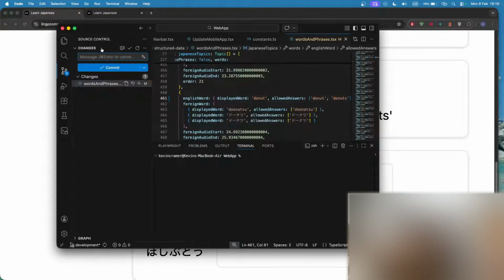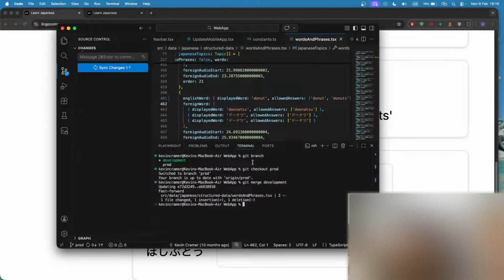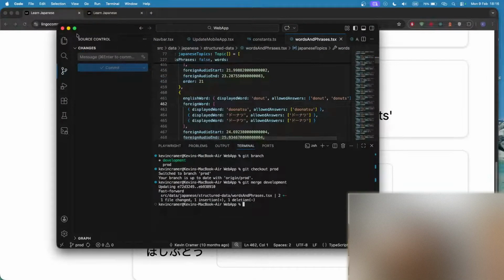Then the quiz is fixed. So let's just quickly make that fix. Allowing donuts as acceptable answer. And we are on the development branch, so we need to push that to production. This will only take another 2 seconds. Please excuse the delay. And so in 2 minutes, that fix will be pushed.